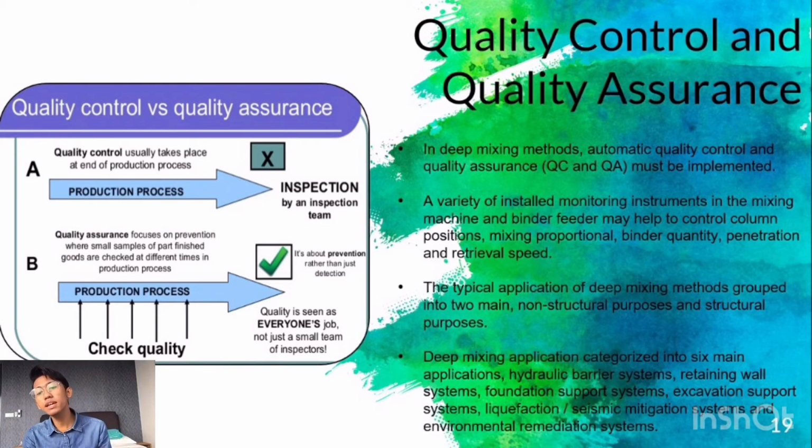The typical applications of deep mixing methods are grouped into two main purposes, non-structural and structural. Deep mixing applications are categorized into 6 main applications: hydraulic barrier system, retaining wall system, foundation support system, excavation support system, liquefaction or seismic mitigation system, and environmental remediation system.